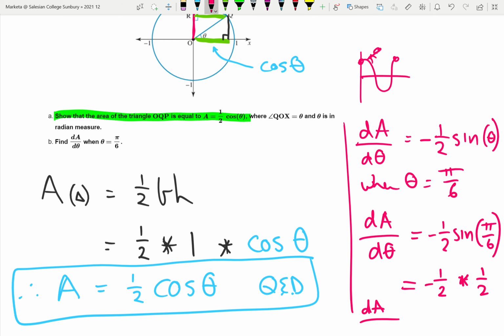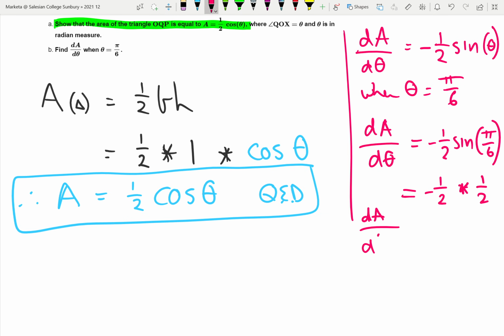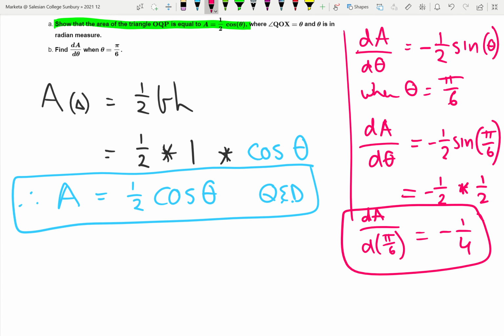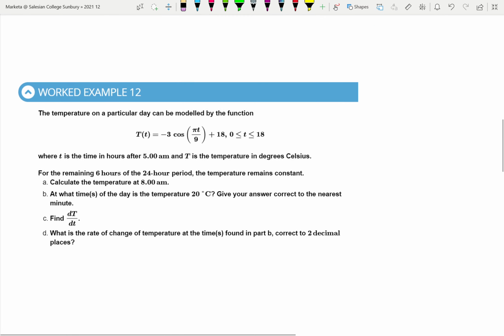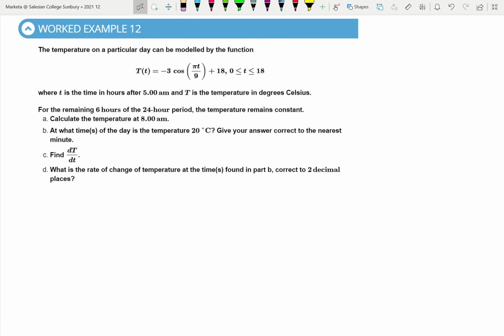So dA over d theta when it's pi on 6, well, it's going to be negative 1/4. So that would be our answer. So not too bad, but you'll find in this exercise there are quite a lot where they want you to prove something, and they're a little bit hard, hence why I'm going to do question 8 in this video.